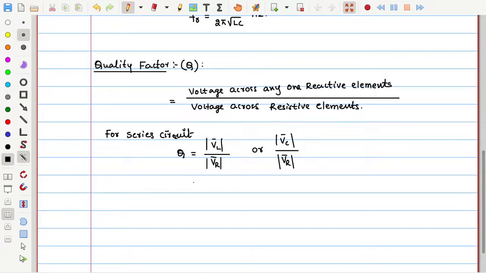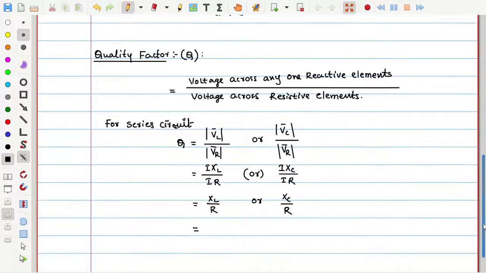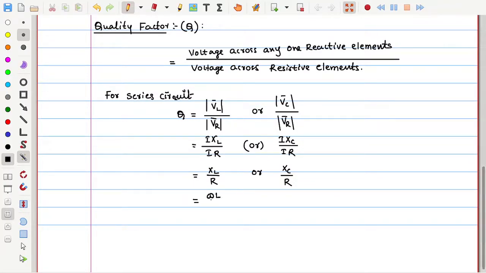And we saw in the last session what VL is. VL magnitude is I magnitude into XL divided by I into R, or it can also be written as I magnitude into XC divided by I magnitude into R. We can also write this as XL by R, or simply XC by R. This can be further written with XL as omega L by R and XC as 1 by omega C, so this can be written as 1 by omega RC.